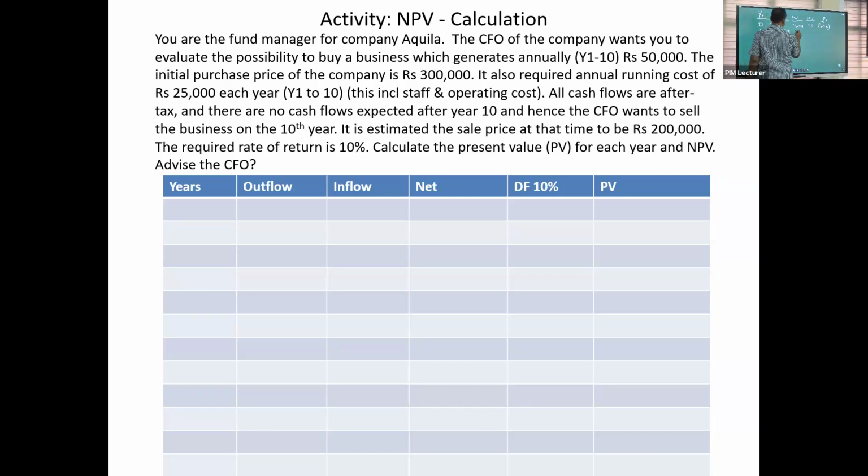Net is 25. I think this factor is 0.909, is it? Something like that, whatever that works out to be. A positive figure.